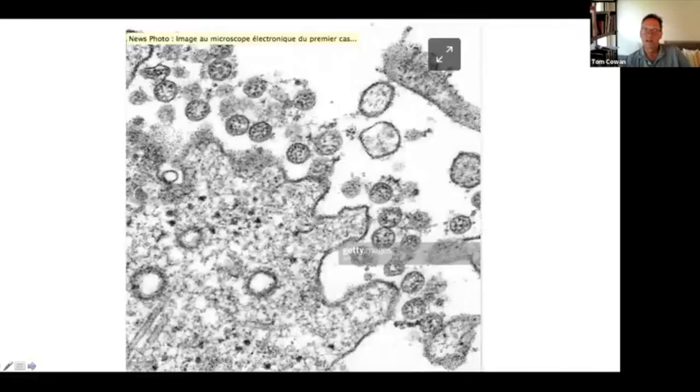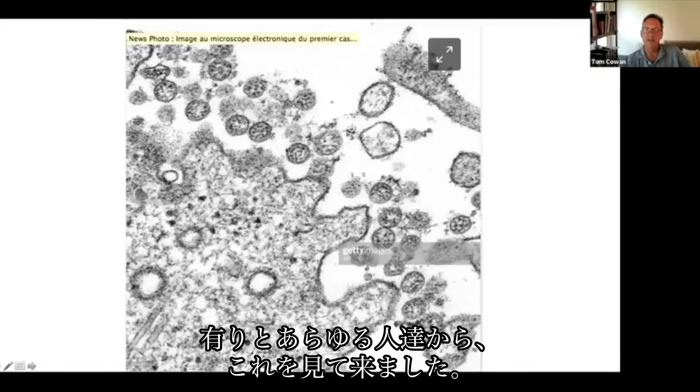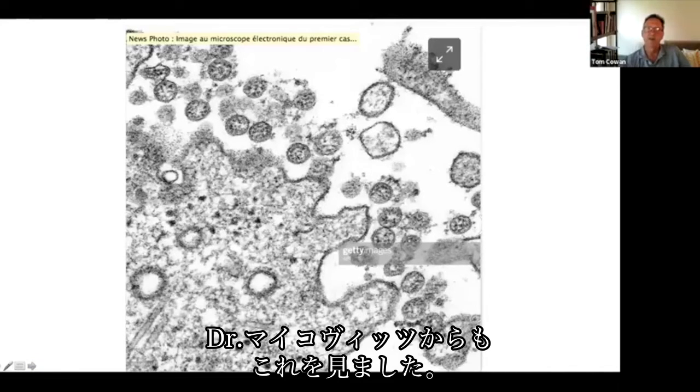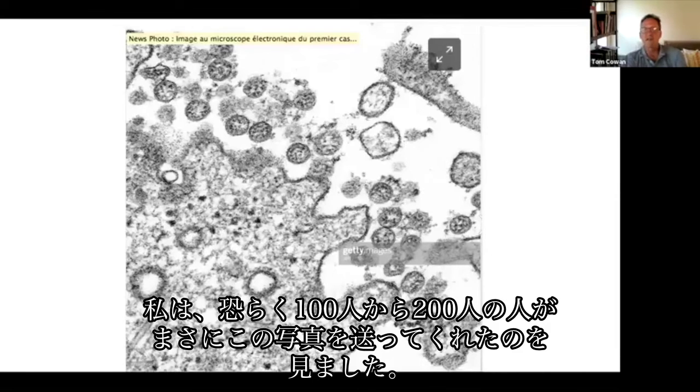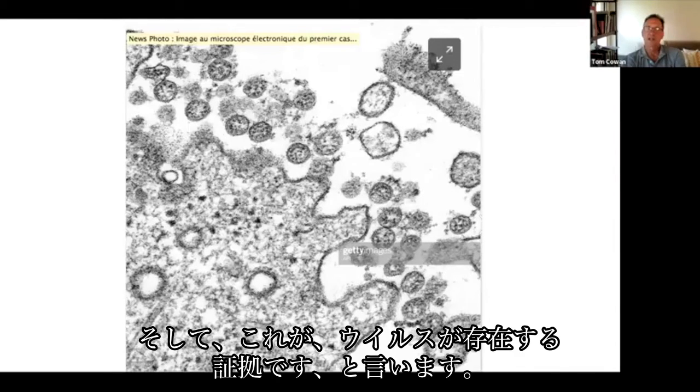Here it is. You've seen this from all kinds of people. You've seen it from Dr. Mikovits. You've seen it from the virologist who talked to us on the COVID myths.